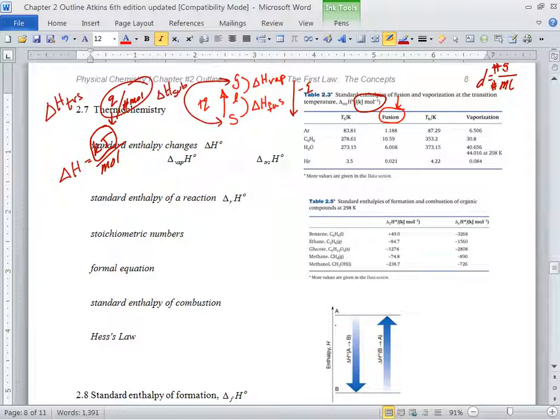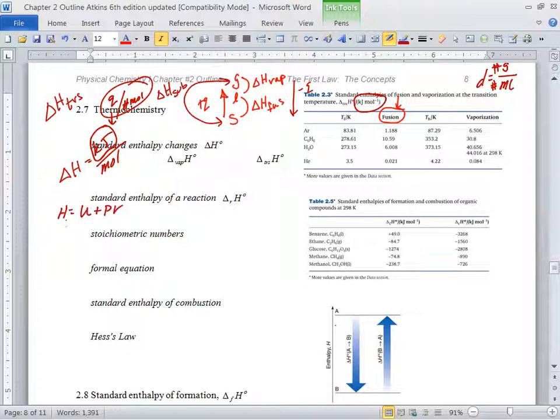The standard enthalpy of a reaction. Okay. Why would we do that down there? That's fine. Let's just do it now. H is U plus PV.